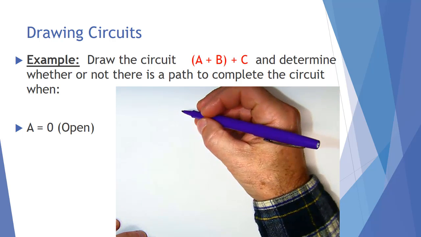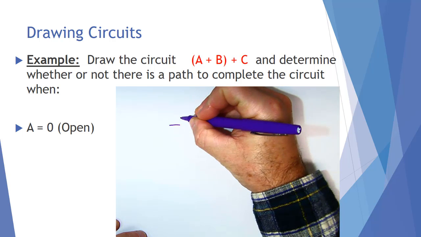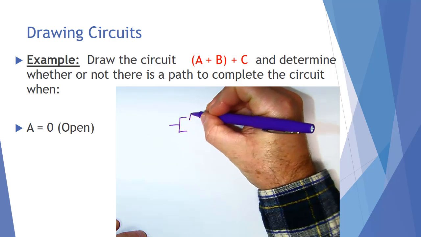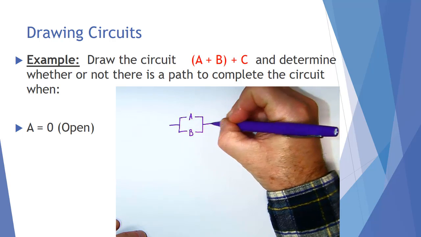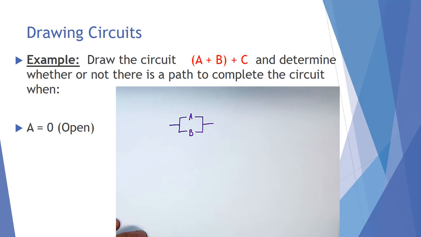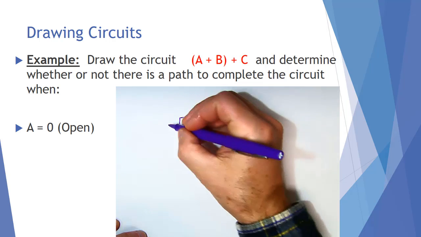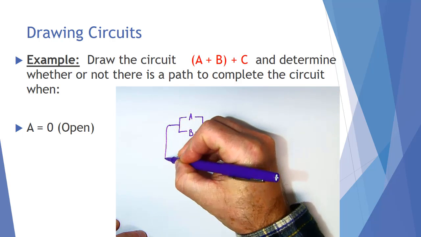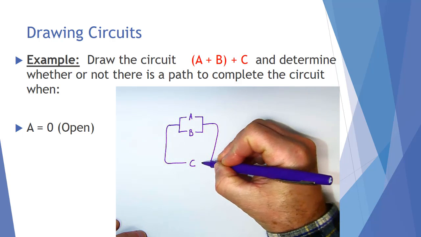Okay, well the fact that A and B are in parentheses means that we should start by drawing A and B in parallel. So we're going to have switch A and switch B in parallel. Now, those two form one parallel path, or C, so we can have A or B, but we're going to have another option alongside of that, and that is C.